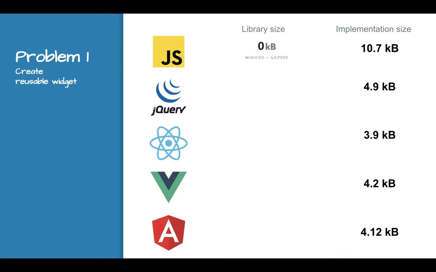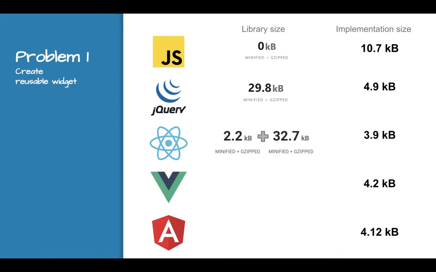So obviously, if you pick vanilla JavaScript, 0 kilobytes, because you are using the platform. Sounds good. If you pick jQuery, your users have to download 30 kilobytes of some library just for one widget, which is like, I don't know.